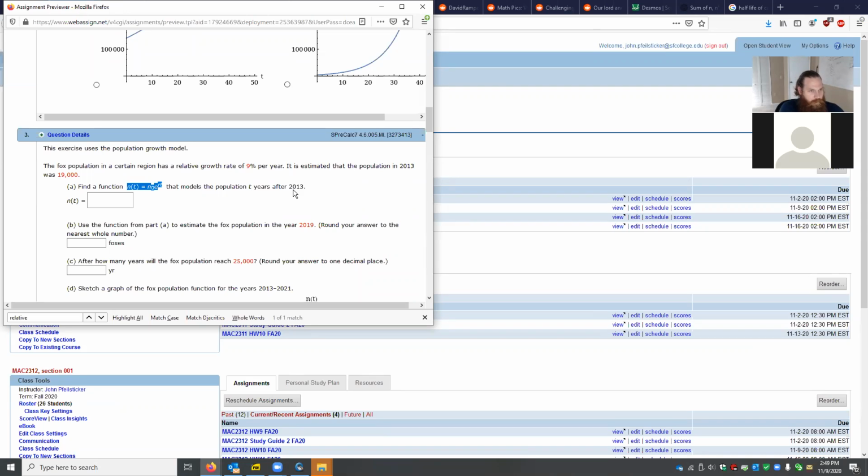There are 19,000 foxes. We want to do a few things. First, find a model. Second, estimate the population in 2019. Third, say when the population will reach 25,000.